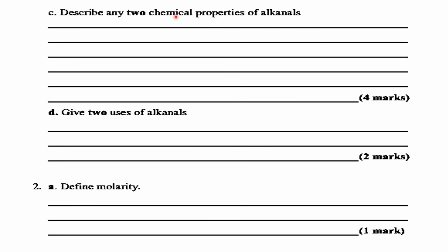1C, describe any two chemical properties of alkanals. Recall that alkanals are oxygen-containing organic compounds. Alkanals and alkanones share something in common: they both have a carbonyl group as their functional group.